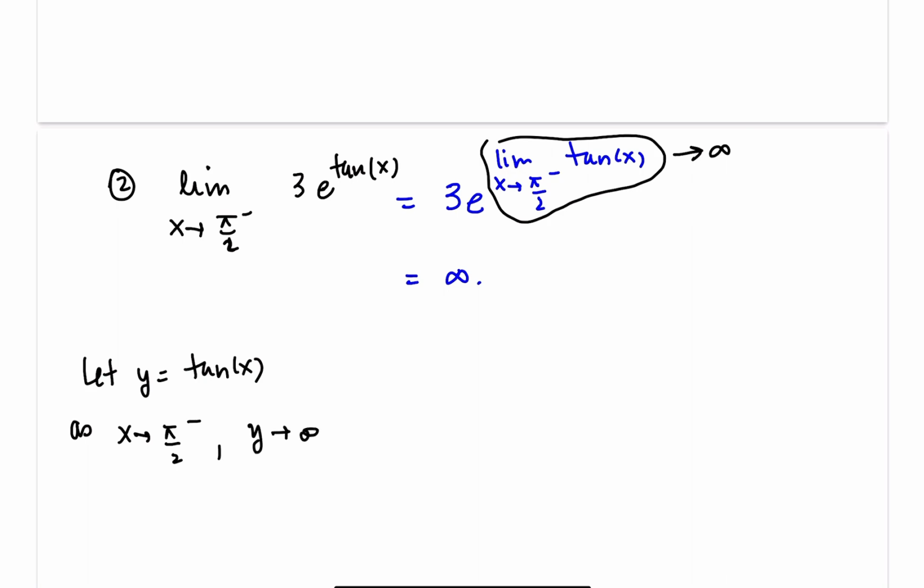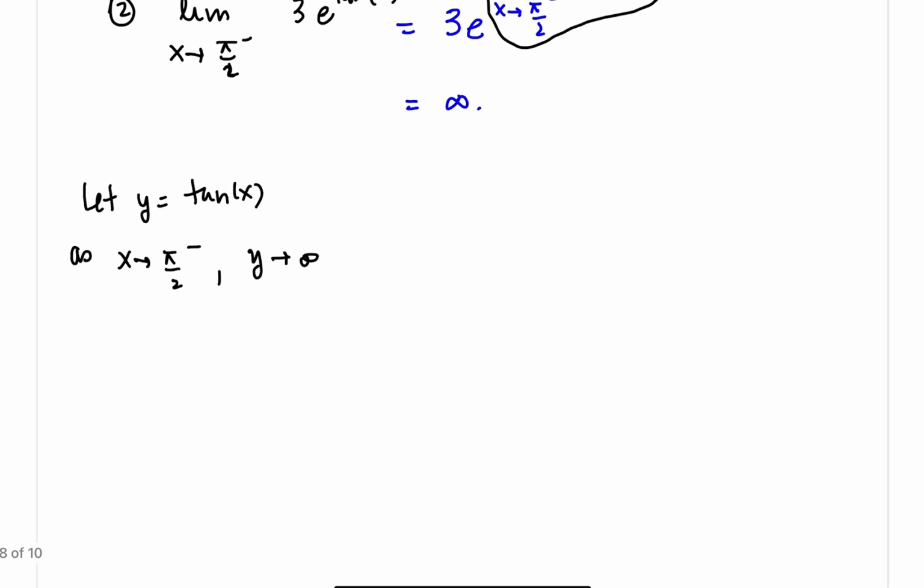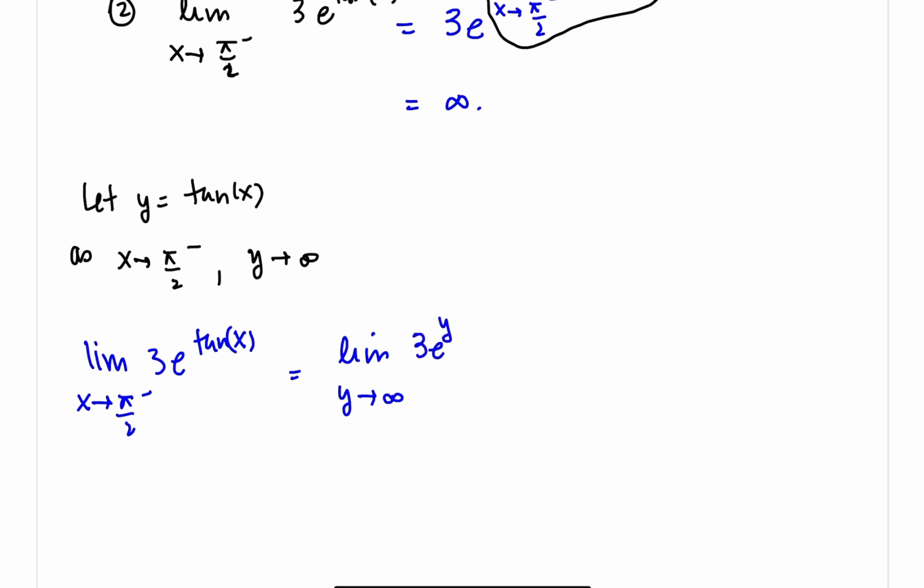So you can rewrite this limit: the limit as x goes to pi over 2 from the left of 3e to tangent of x is the same as saying the limit as y goes to infinity of 3e to the y.